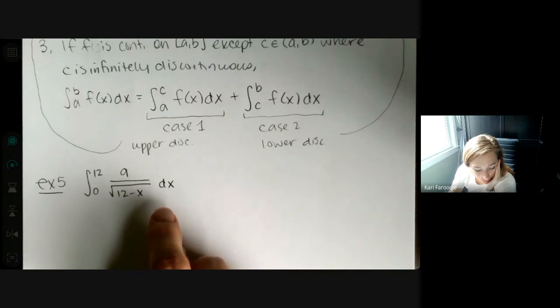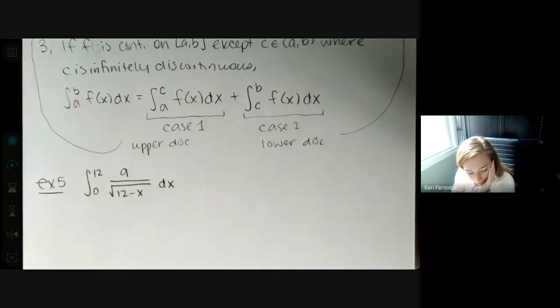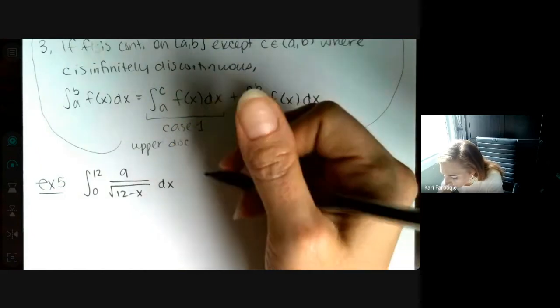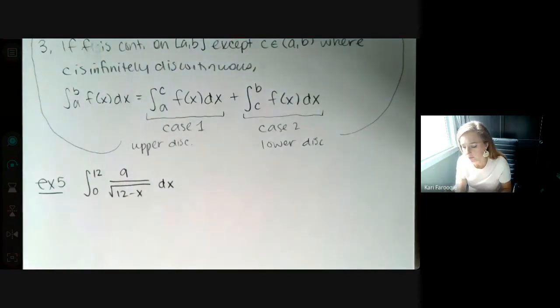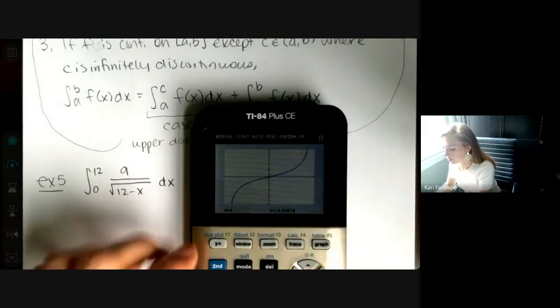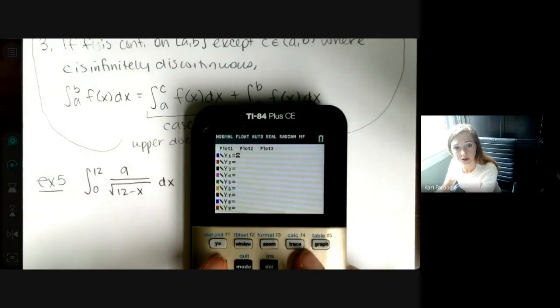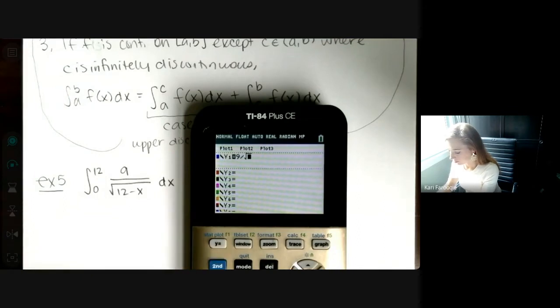All right, so let's go ahead. I thought maybe we should look at this on our calculators, just so you can see what's happening. This is 9 divided by the square root of 12 minus x.